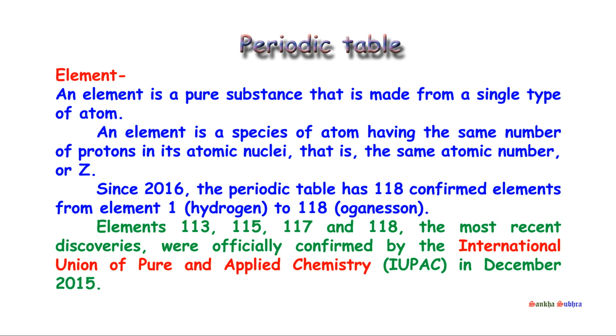That's why whenever we are going to express an element, we usually prefer the atomic numbers. That is the logic whenever we are writing elements 113, 115 or 117. That means those elements are going to have 113, 115 or 117 protons inside them.